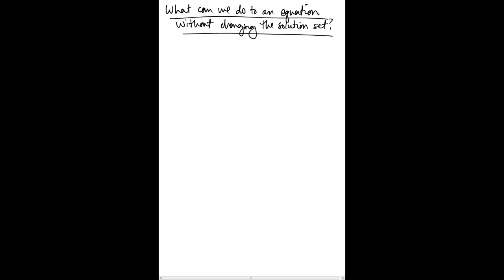Before we get started with that question, I would just want to define a little bit of notation here. I'm going to define this arrow notation.